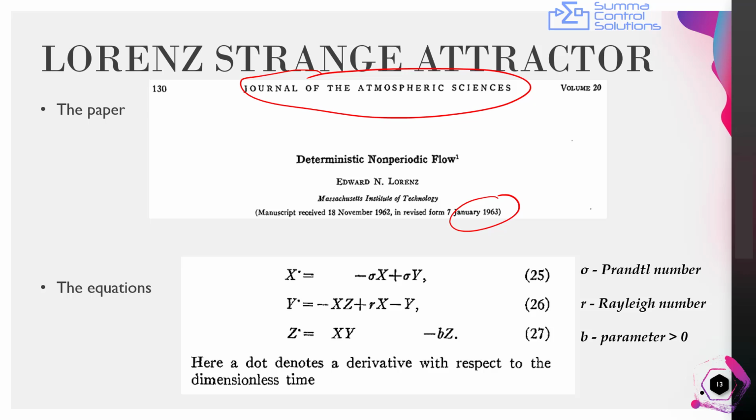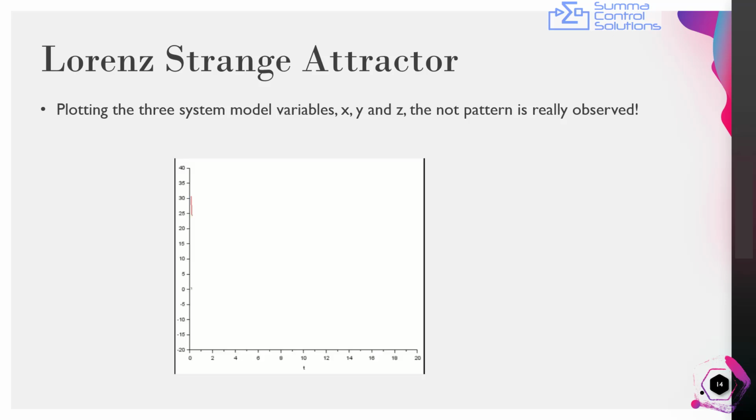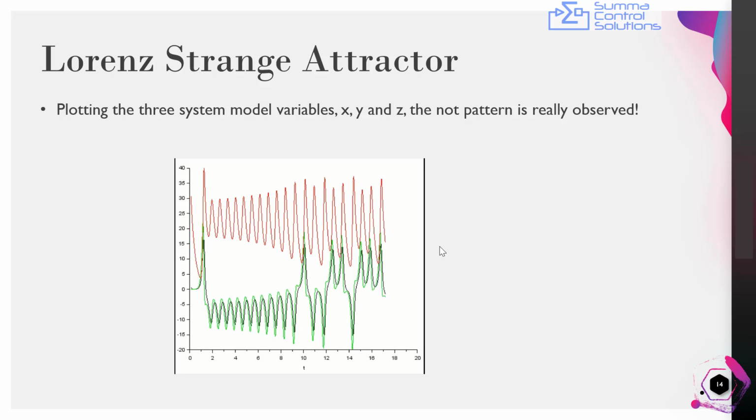The constants sigma, r, and b are the Prandtl number, the Rayleigh number, and a parameter b that is higher than 0. If we plot these three variables in the time domain, besides an oscillation that has to do with the normal movement of a convection system, there is no visible pattern that is evident from here.